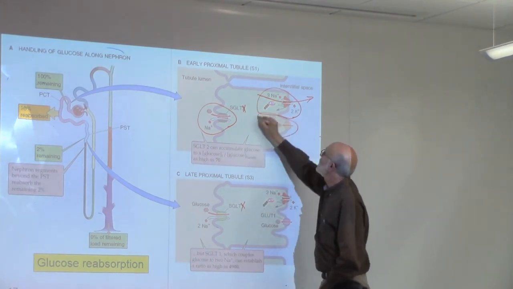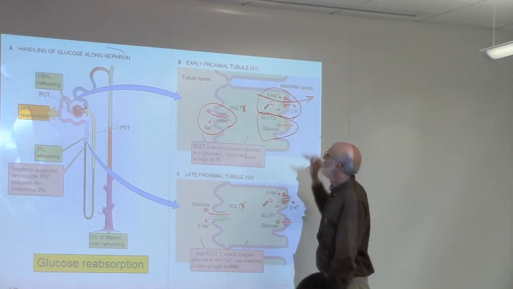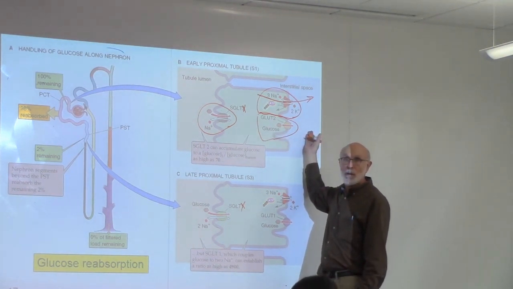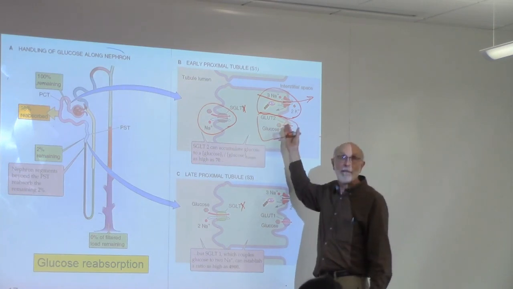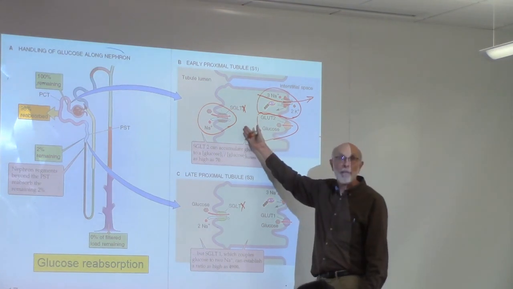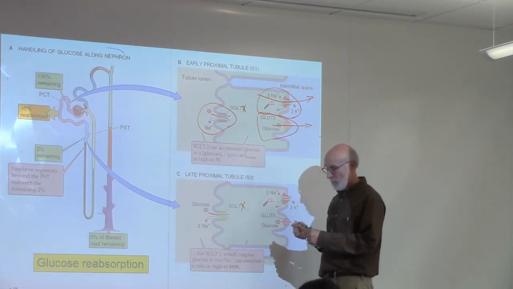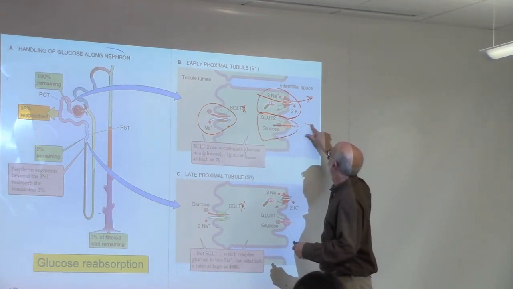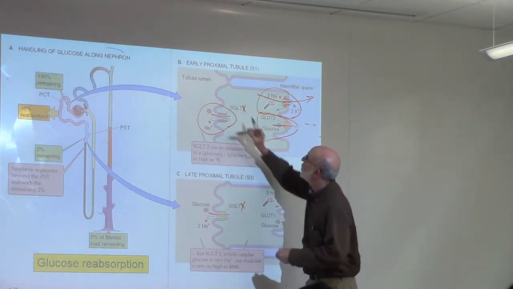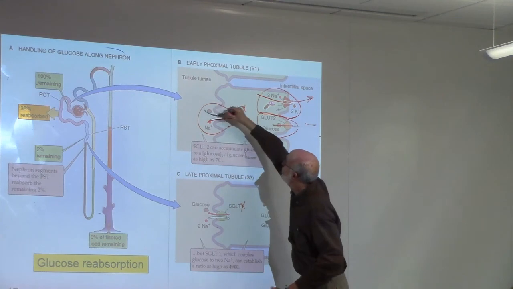Then we use a GLUT. Is this a sodium glucose co-transporter? No. This is just a glucose uniporter, a facilitated diffusion transporter in the basolateral membrane to move the glucose from the cytoplasm into the interstitial fluid. I'm going to use a different color for glucose because I'm using orange now for sodium. Orange is sodium. Green is glucose.